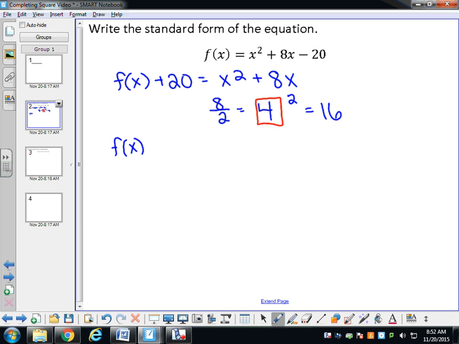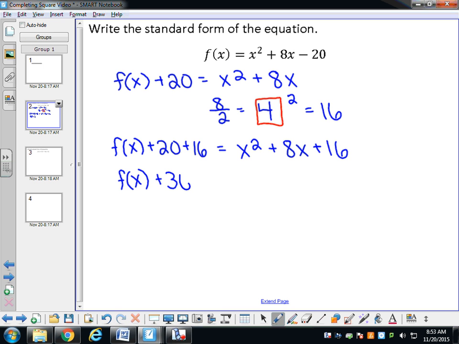Now add 16 to both sides of your equation. Now simplify the left side of the equation and factor the right side of the equation. The right side is very simple to factor because it factors into that number that you put in the box, the number that you divided by 2.